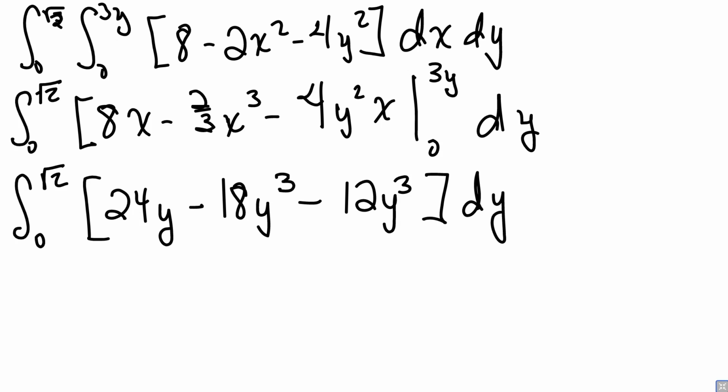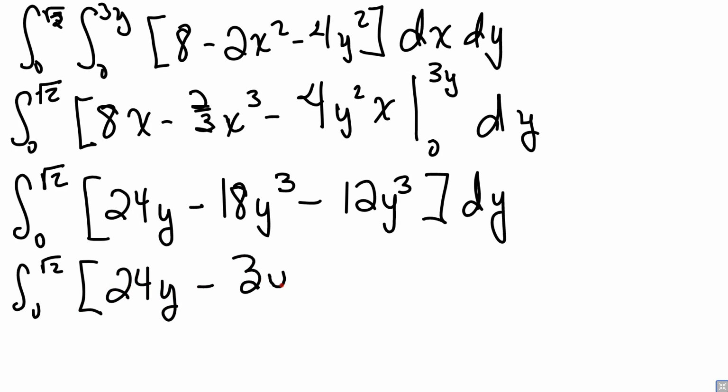So if we clean this up a little bit before we integrate again, we're going to have the integral from 0 to square root of 2 of 24y minus 30y cubed dy.